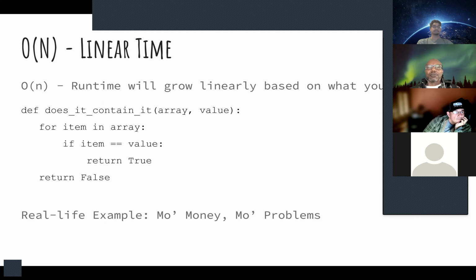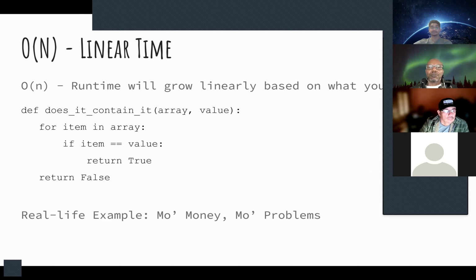Now let's expand it. Let's say that we have something that has the numbers 1 through 100. And now I want to find the thing lying at the 100th element of the list. So the first element isn't that, the second element isn't that, the third element isn't that, the 99th element isn't that, the 100th element, okay, it is that. How many times do we go through the loop? 100 times.